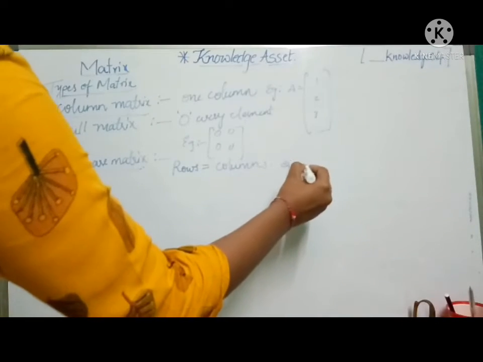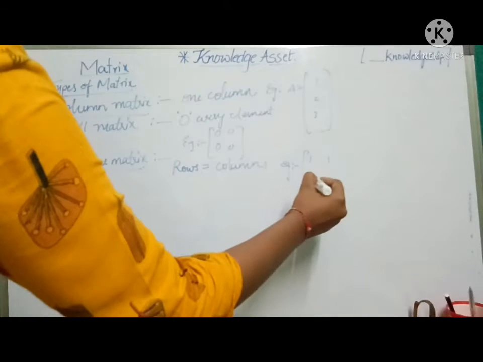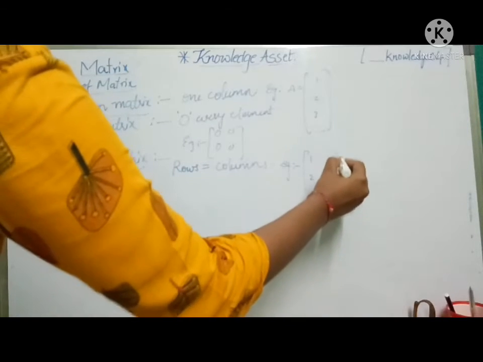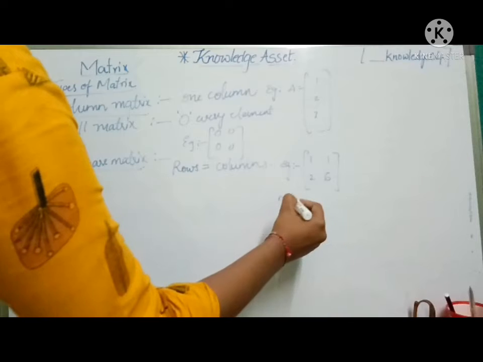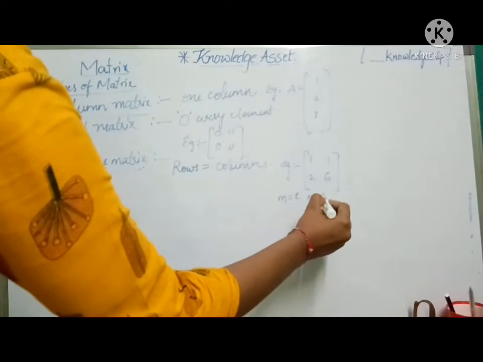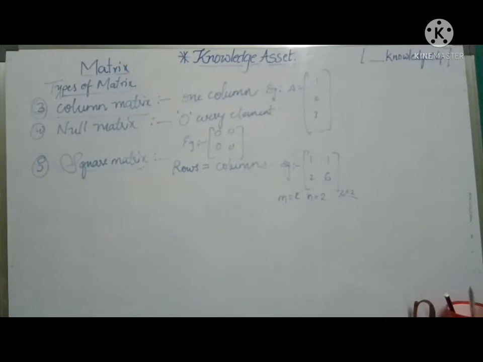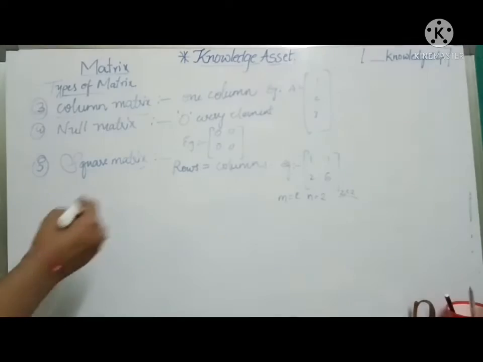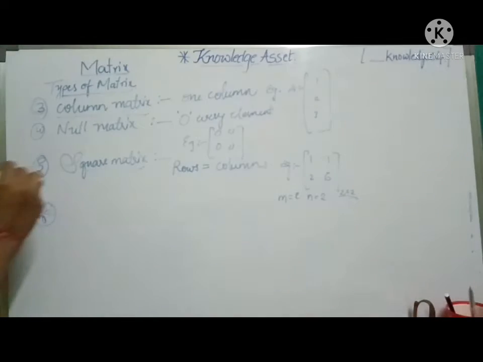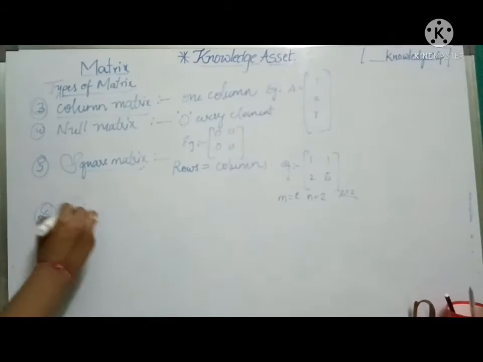Example for this matrix is 1 1 2 6. So m is equal to 2 and n is equal to 2, a 2 by 2 matrix. Number of rows is equal to number of columns. So such a type of matrix is called a square matrix. Next, the sixth type of matrix is the diagonal matrix.